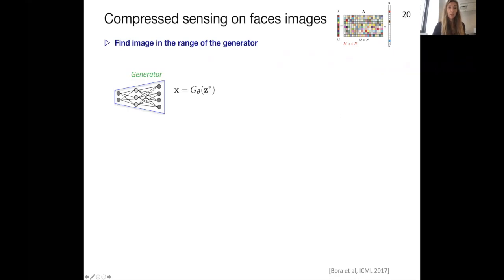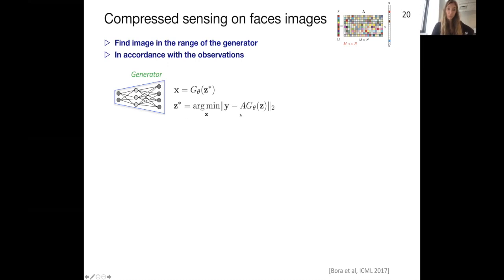And the way to do so with the generator is to find an image in the range of the generator that is in accordance with the observations. So ultimately, what we are going to try to do is to solve the inverse problem with the forward model producing something that is close to the observations. But now we are going to optimize over the value of the latent representation Z. And interestingly, this optimization can actually be done quite straightforwardly with gradient descent algorithms.